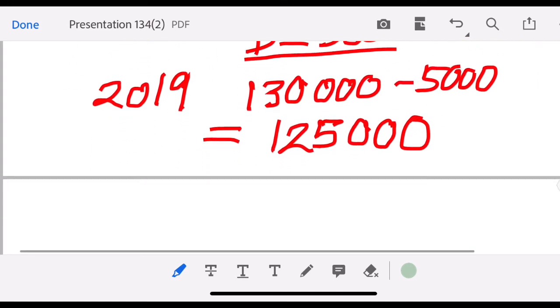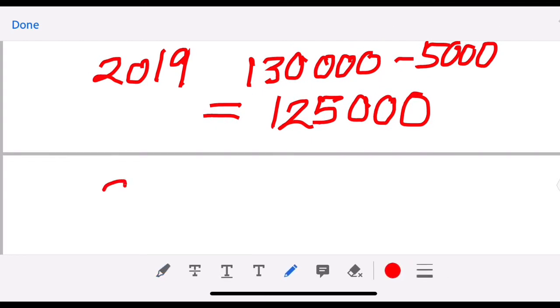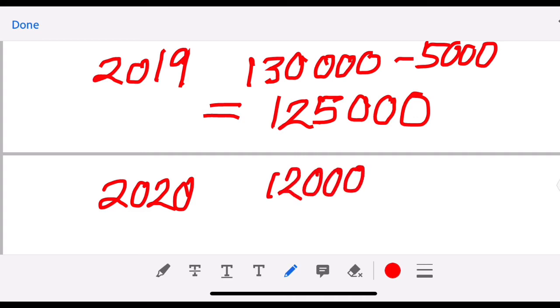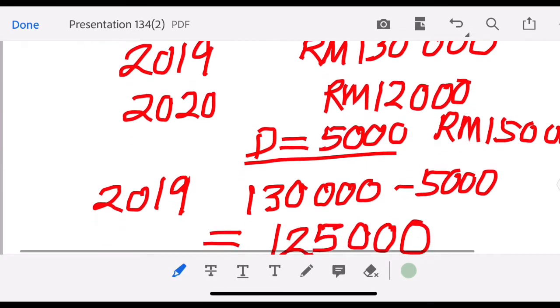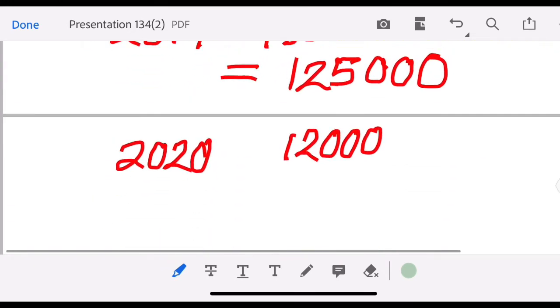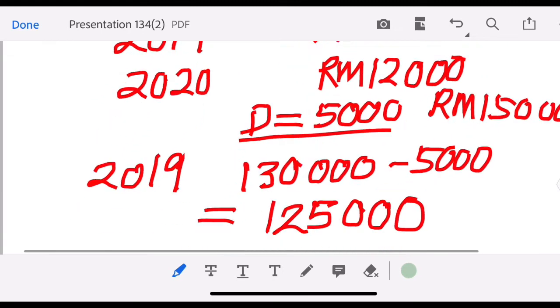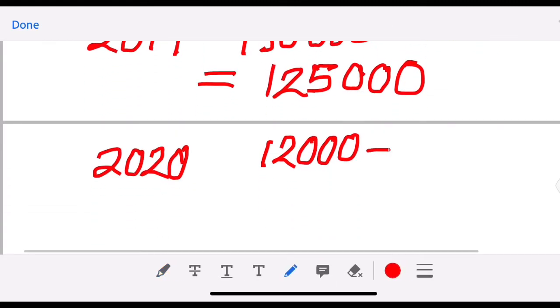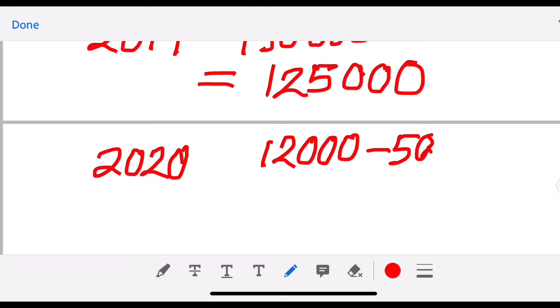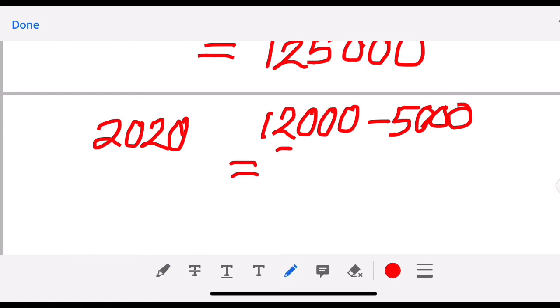Alright, so 2019 is settled. For 2020 she had an accident and fractured her arm, so she actually spent 12,000, right? She herself has to bear the deductible cost.